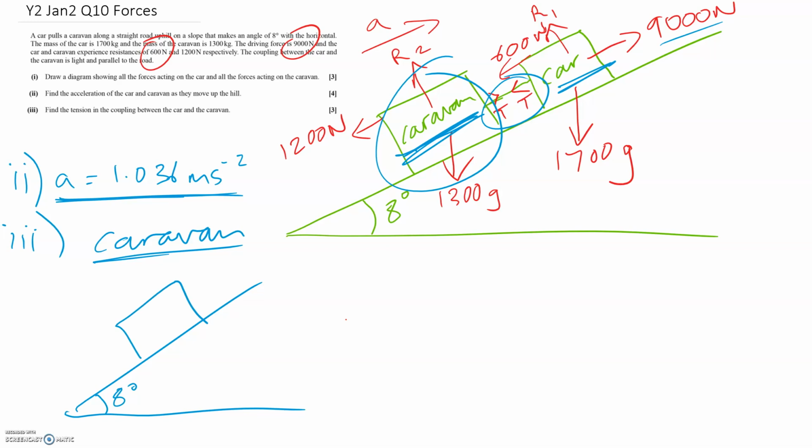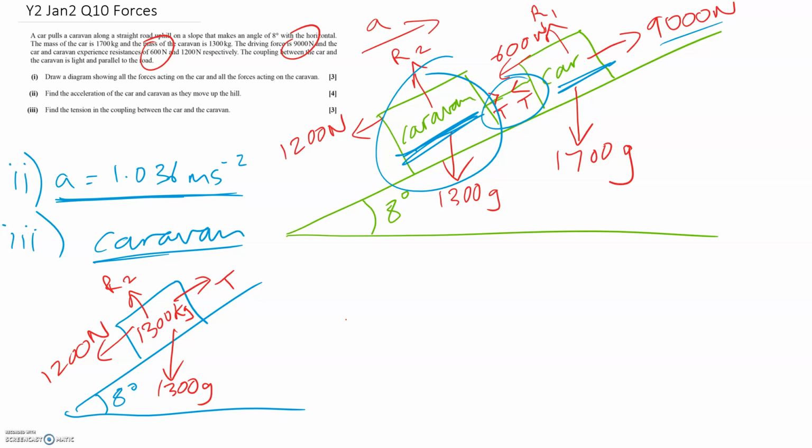We've got the mass of the caravan is 1,300 kilograms. So the weight 1,300 G. The tension is the only thing that's pulling it up, and the resistive forces are 1,200 newtons, and we've got R2 as the normal contact force.